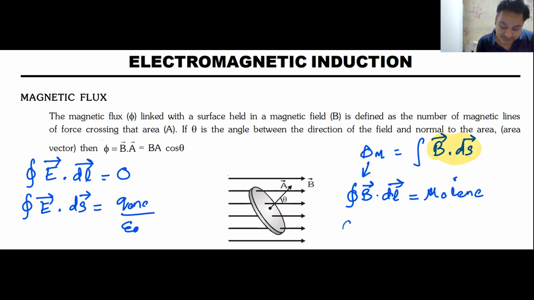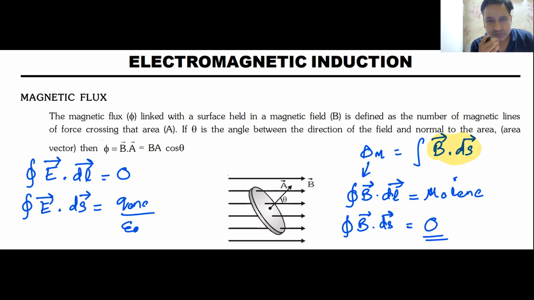Okay. Similarly, if I take the surface integral of B dot dS over a closed surface, this will be equal to 0. If I have a closed surface and if I find out the magnetic flux over that closed surface, it will always come out to be 0, because you remember magnetic field lines are always in closed loops. Magnetic monopoles do not exist.